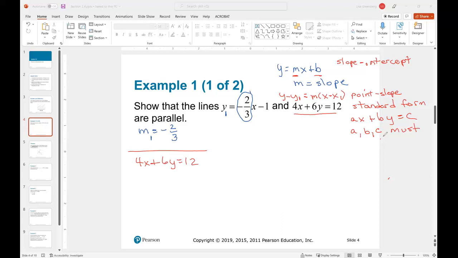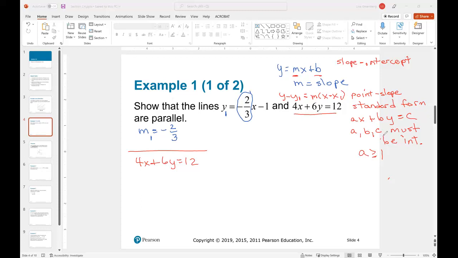That means whole numbers, positive, negative, or 0, they must be integers. And A is greater than or equal to 1, because it can't be a fraction.